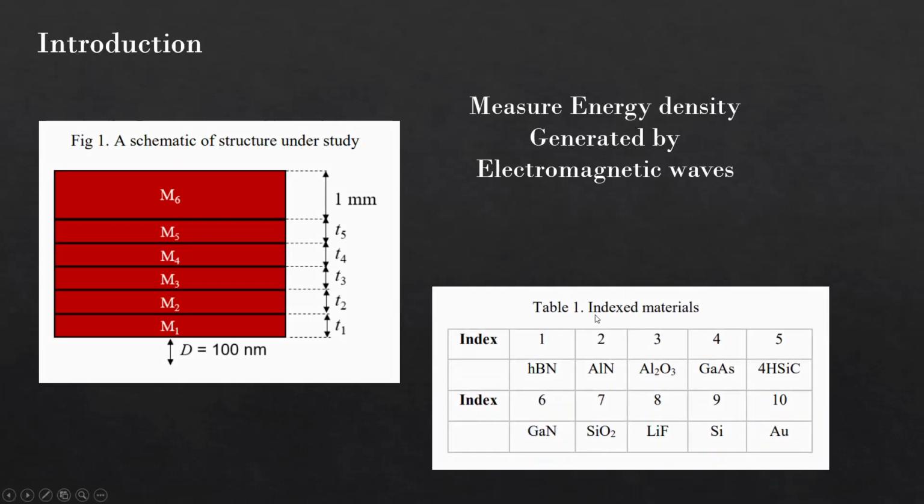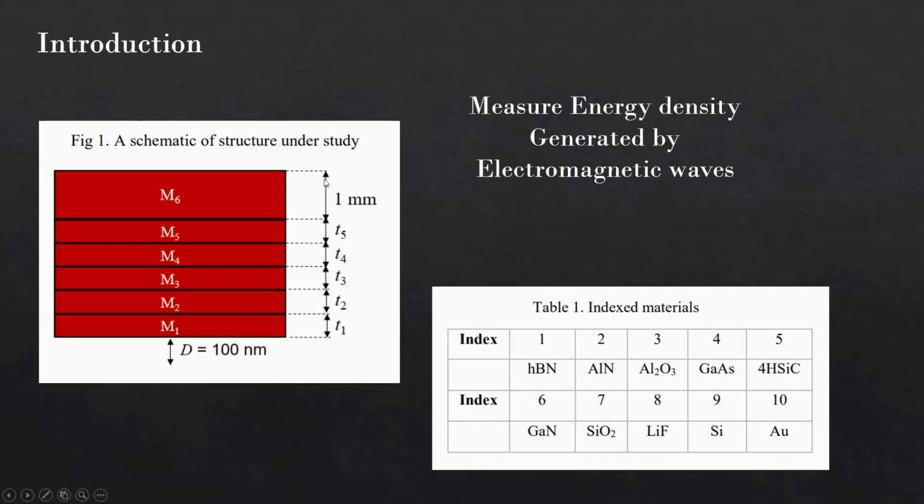Here we have the 10 available materials that are used in these 6 layers. What are the input features? First, I should mention that the project is designing a regression model.